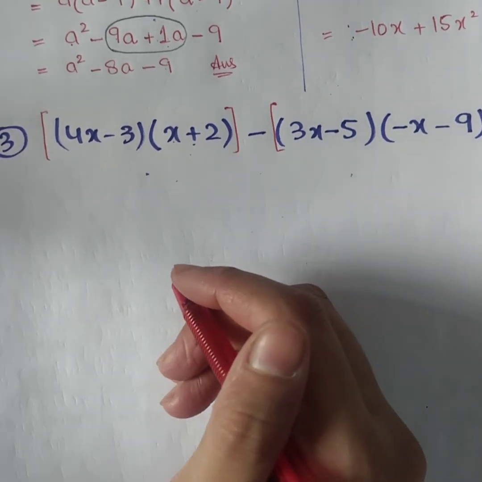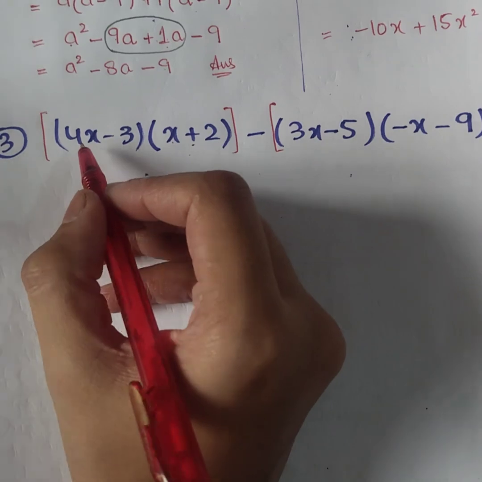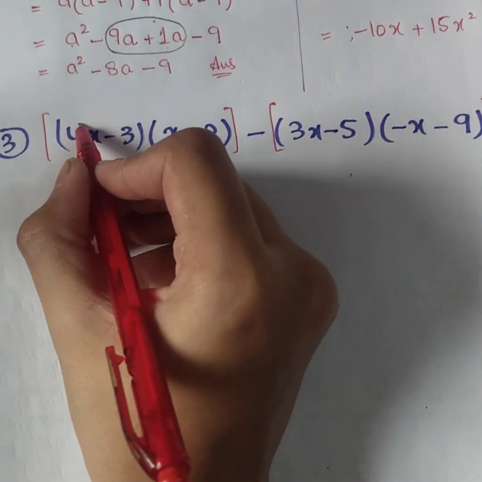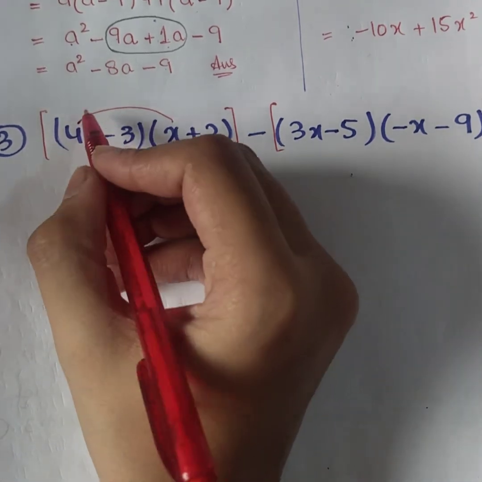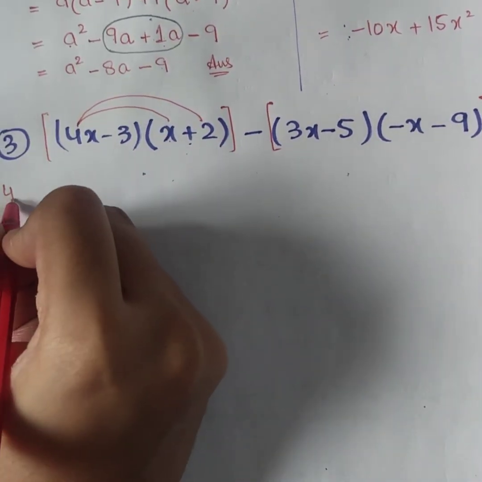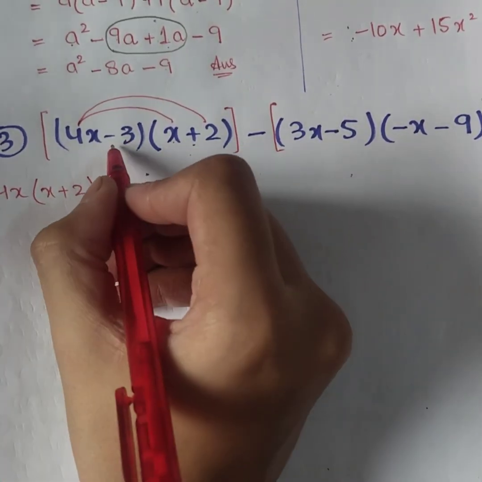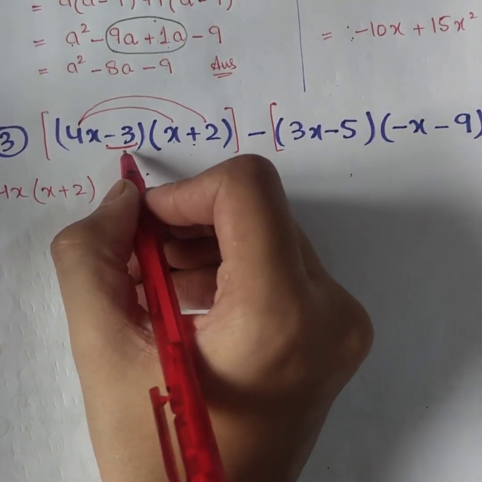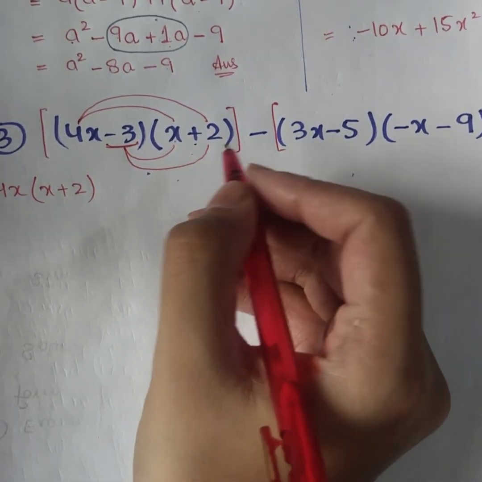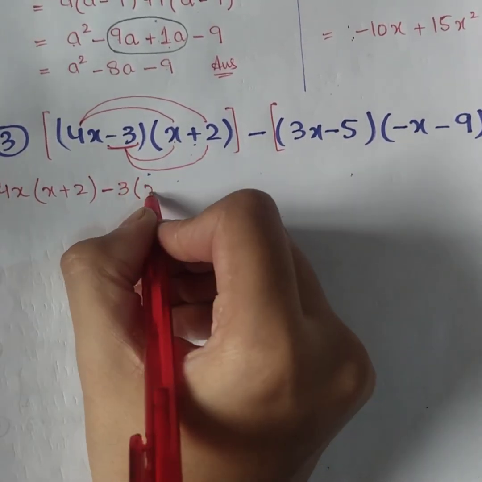Okay, so first of all, multiply 4x with this term. You have to multiply 4x with the first term, and then 4x with the second term. So I'm writing 4x(x + 2). The other term is minus 3, and you have to multiply minus 3 with x and then minus 3 with plus 2. So I'm writing minus 3(x + 2).